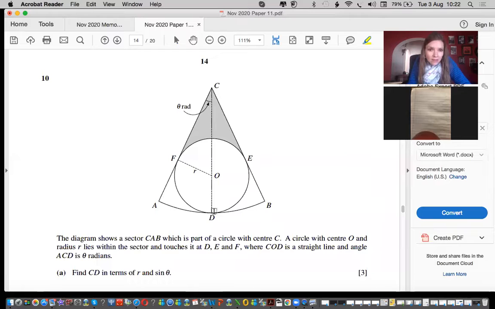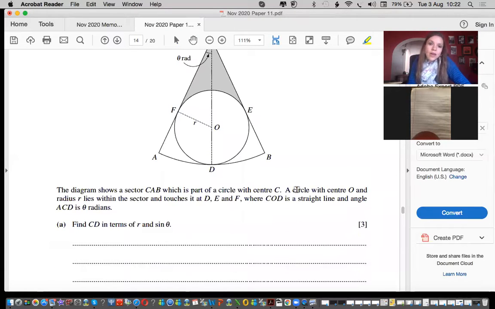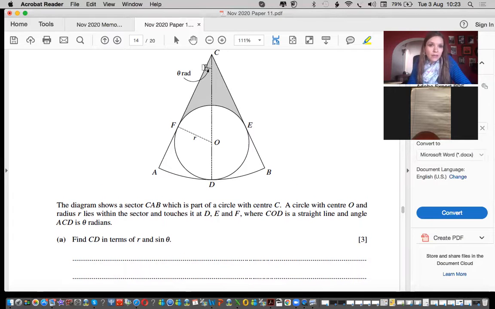This is a radius. They're all equal in length. And we also have a circle with center O. So these are also the same length, R, all the way. They say COD is also a straight line. And we've got this angle to be theta.